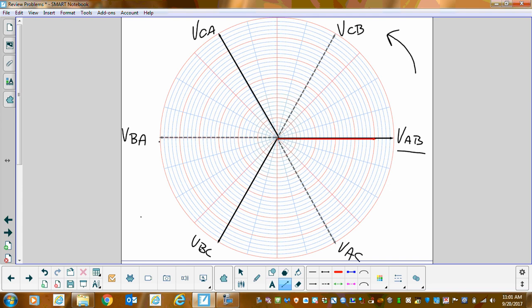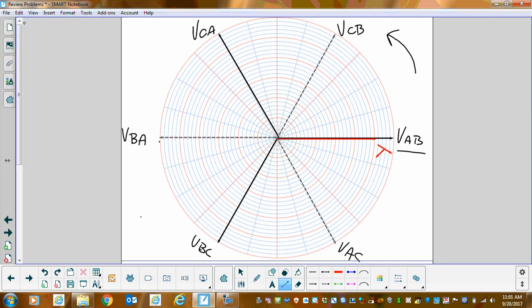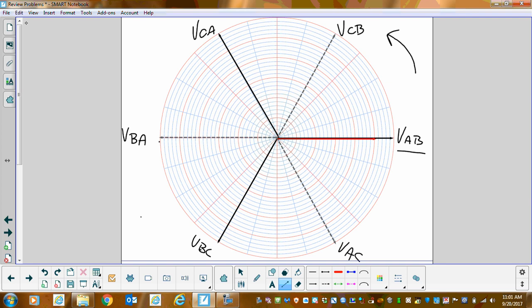Okay, that is current AB, and of course we know that's 24 amps and that's 0 degrees, right? And again, I'm going to have you guys write that in. I just am not going to have room up here to write all that information.